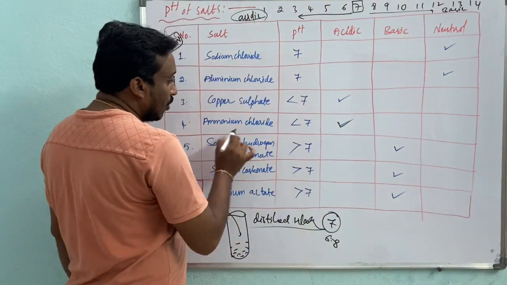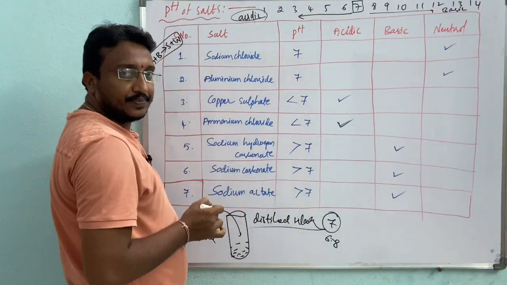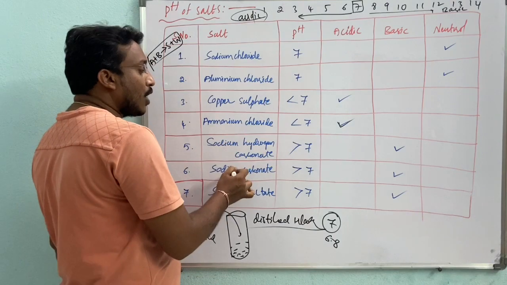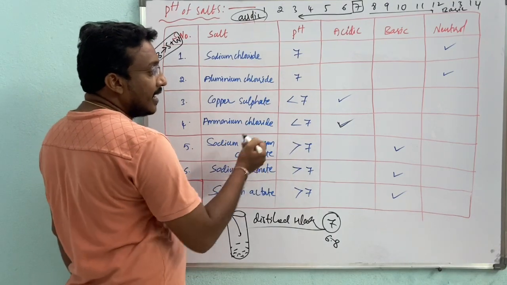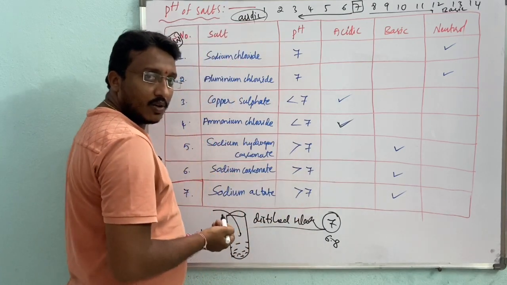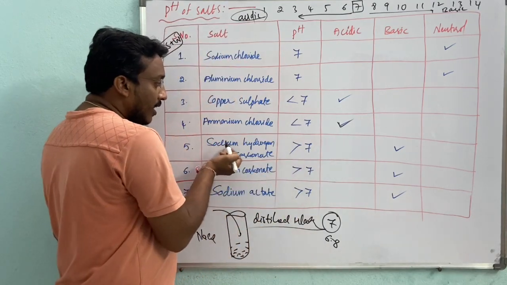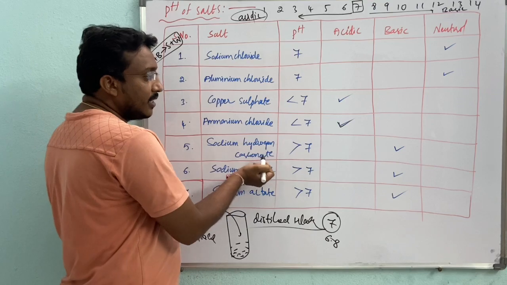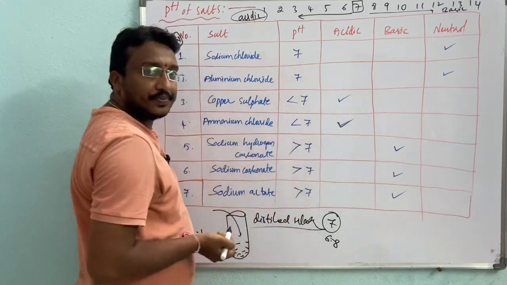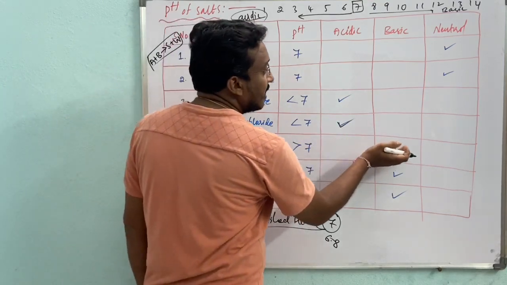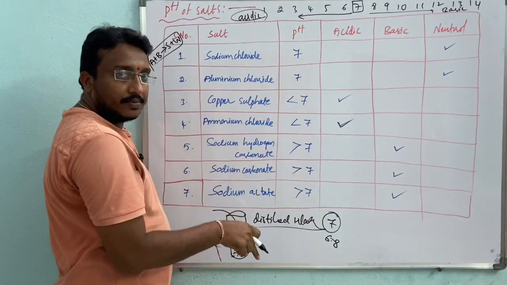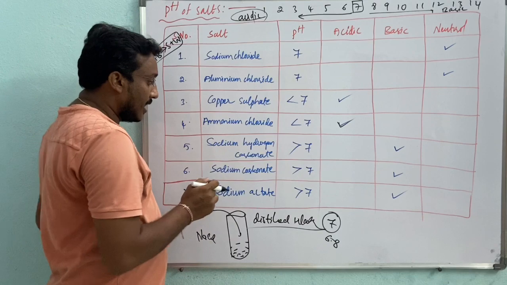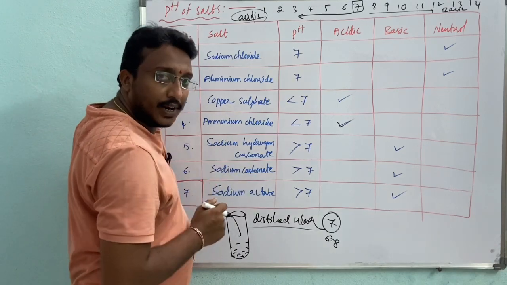Next, sodium hydrogen carbonate. Sodium hydrogen carbonate has a pH value greater than 7. Okay, the pH of sodium hydrogen carbonate is greater than 7, right? That means it is basic, right? Got it? That salt is basic in nature, like sodium carbonate.